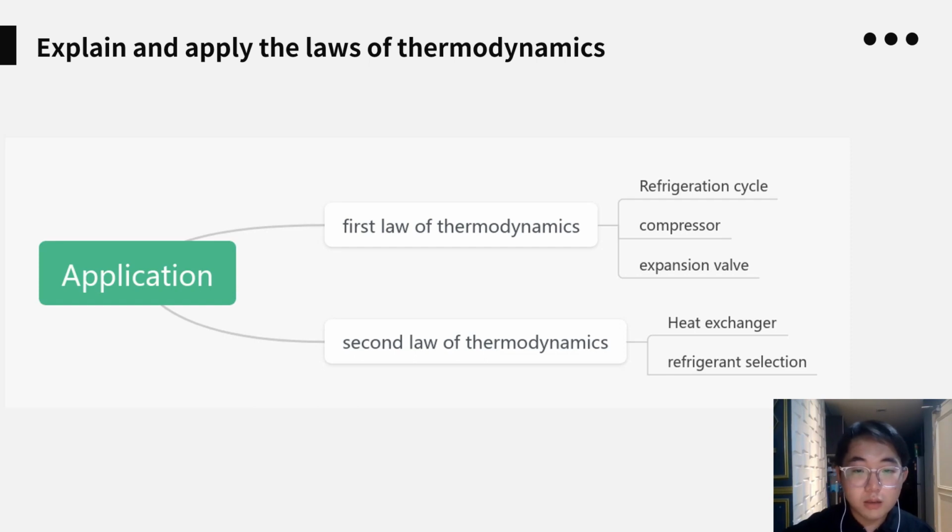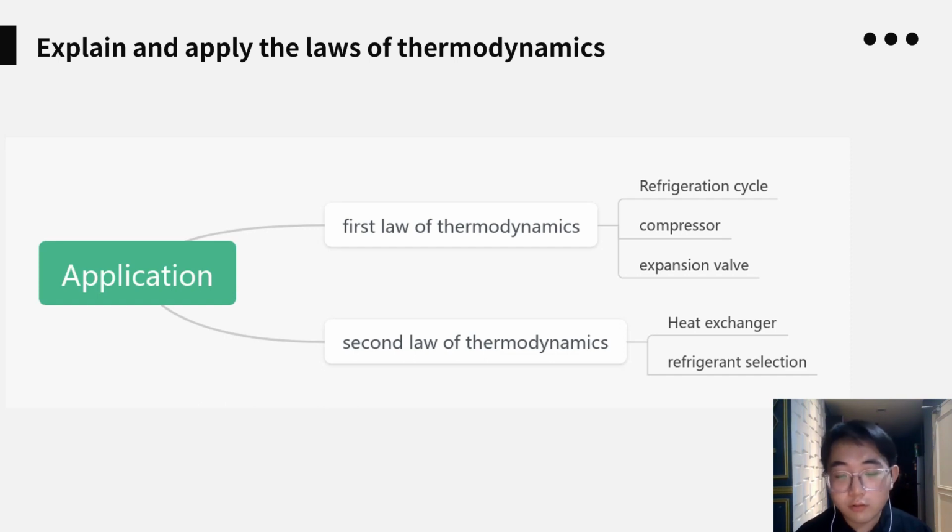Okay. The following is the application of the laws of thermodynamics. The first law of thermodynamics applies to the refrigeration cycle, compressor, and expansion valve. Air conditioning systems typically use a refrigeration cycle to absorb the heat indoors and then remove it outside.